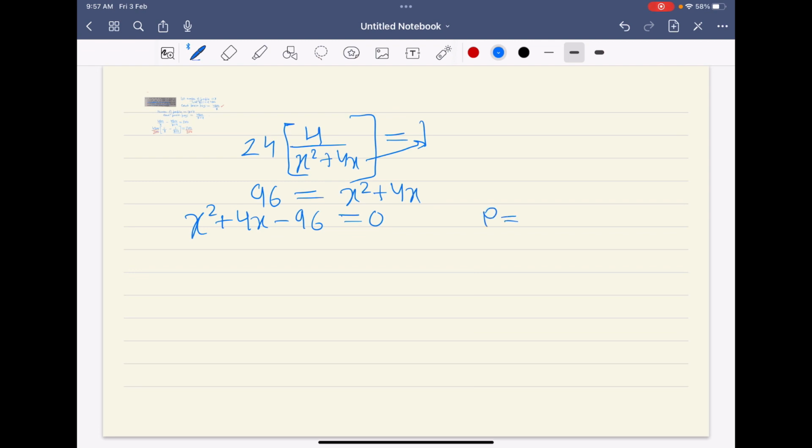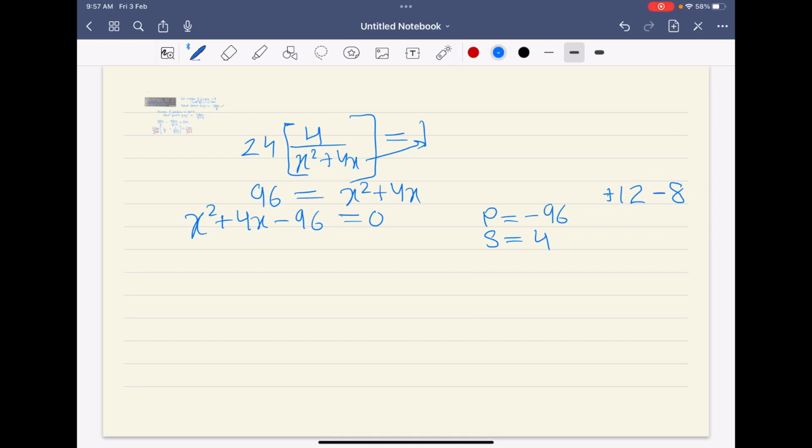Product is minus 96, sum is 4. We have to find factors of 96 whose product should be minus 96 and sum should be 4. So we will get 12 and 8 as the combination, and since I have to get plus 4, my sign for 12 should be plus and sign for 8 should be minus.